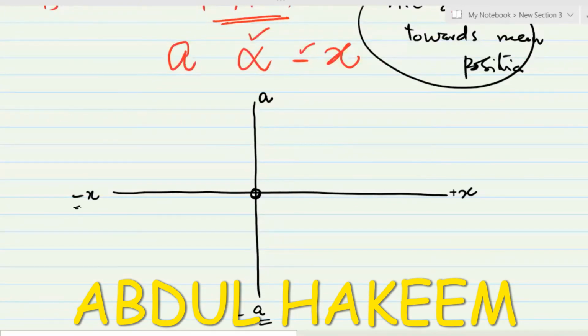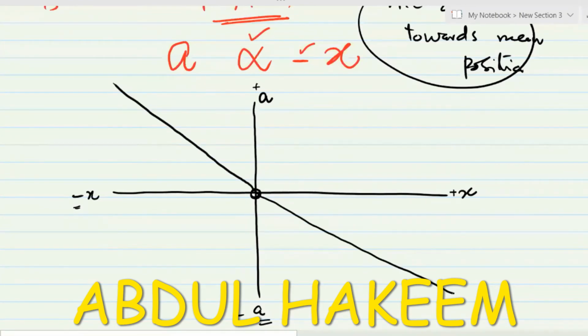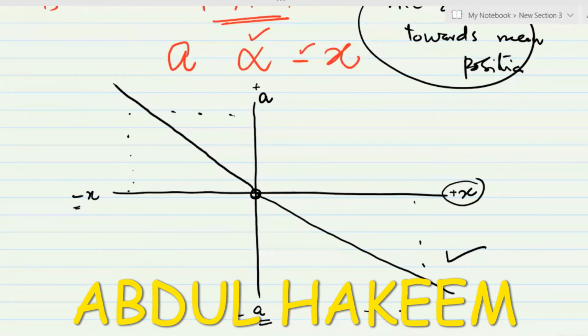When displacement is negative, acceleration must be positive. For this, we have to draw a graph like this. Look, a straight line passing through the origin, so directly proportional. When displacement is positive, acceleration is negative. When displacement is negative, acceleration is positive. So this is the graph between a and x, directly proportional but opposite in direction.